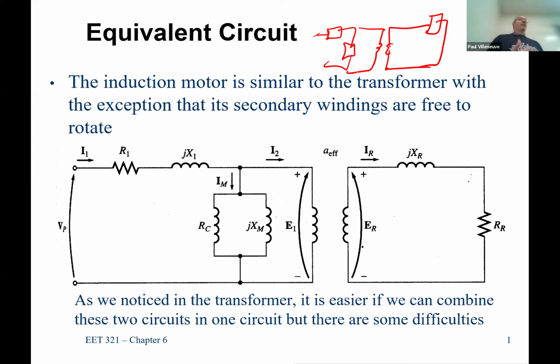It works exactly the same. The only difference is we have to have some sort of impedance or resistance that is representative of the mechanical load. That's the more difficult part about a motor: you do have a power output, but that power output is conveyed mechanically. But I can certainly replace a mechanical motor load with a resistive load.